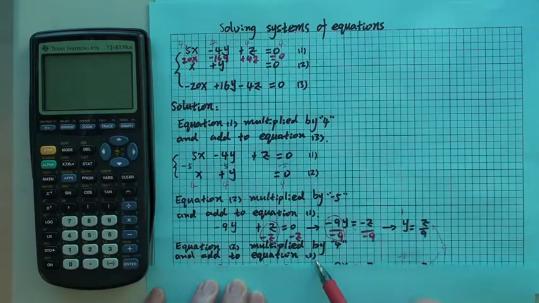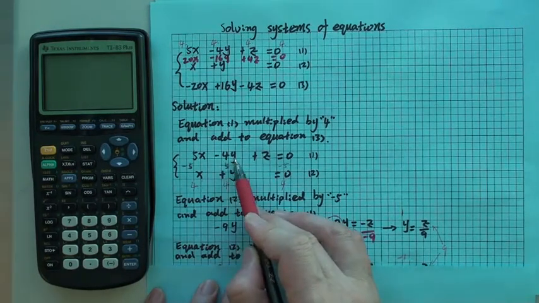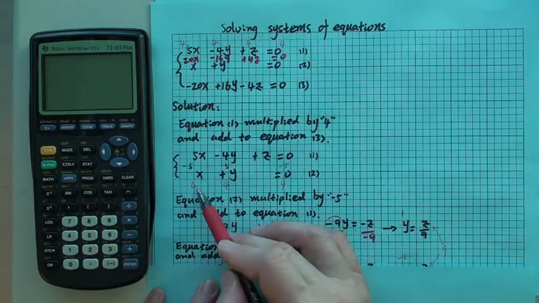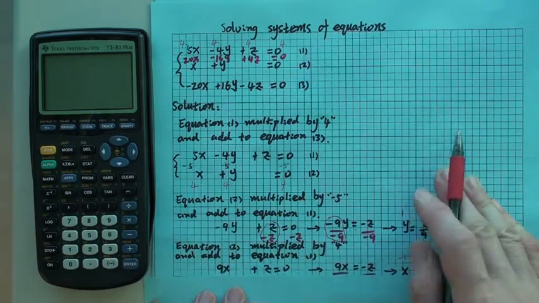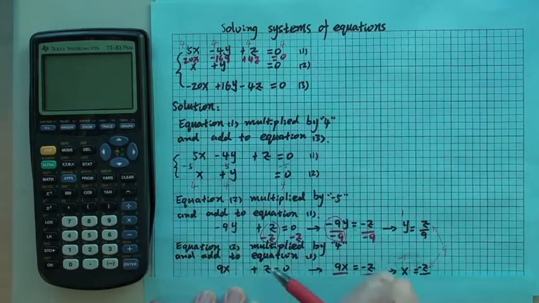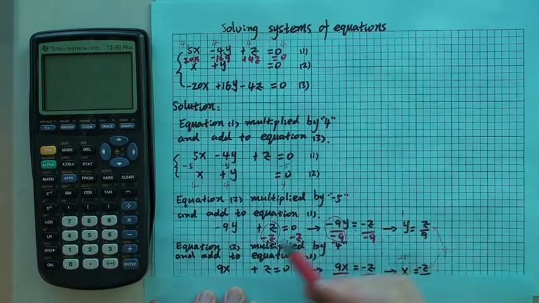Here is 4y, here is negative 4y, they cancel each other. And here is 4x plus 5x, so what you get is 9x. And then you have a z left, and 0 plus 0. So you have 9x plus z.